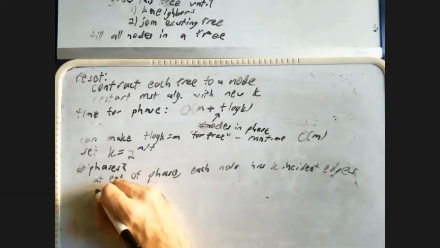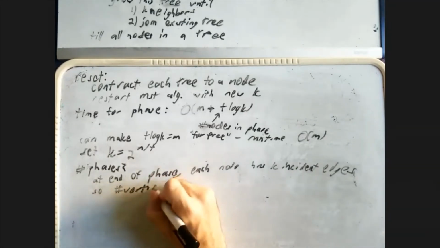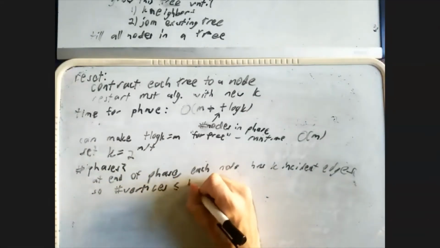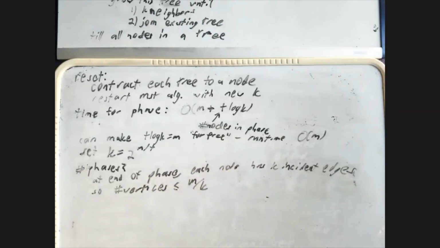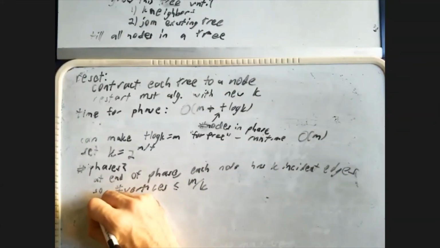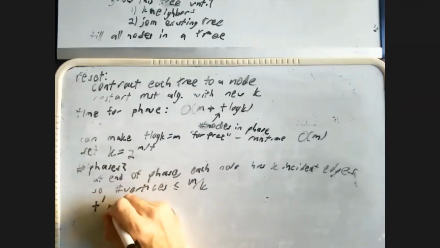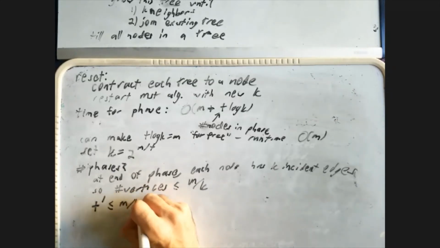And that tells me that the number of vertices of the graph is at most m divided by k. So I have a recurrence now where I can say that the next t, t prime, is less than or equal to m over k.